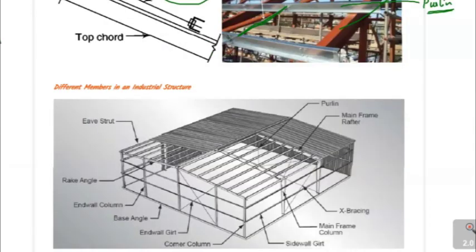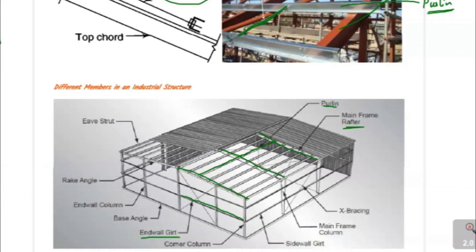And let me give you the different members in an industrial structure. These horizontal members, as I told you, are nothing but purlins. And these are nothing but rafters. And we have end wall girts. Girts are the horizontal members which support the claddings. After finishing this structure, the walls have to be constructed, right?